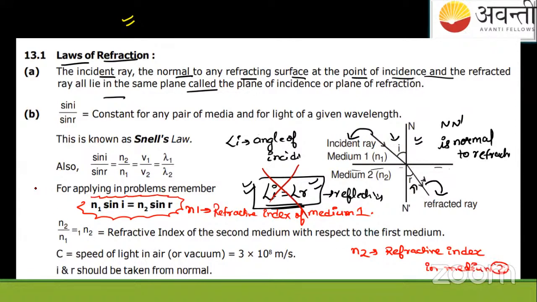This was derived from Snell's law: sine of the angle of incidence upon sine of the angle of refraction equals N2 upon N1, equals V1 upon V2, equals lambda 1 upon lambda 2. The subscripts 1 and 2 mean the light speed and wavelength in medium 1 and medium 2, because light is an electromagnetic wave. Remember the relationships.